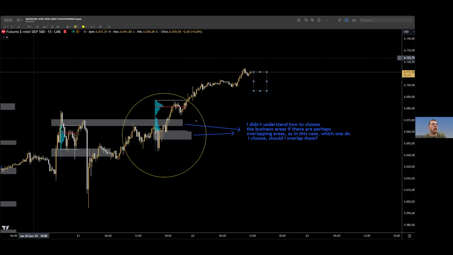And in this case, for the day today, the relevant business zones are the ones from the previous profile. Although they overlap, the significance of the business zone that is created on the 20th reduces or has no relevance anymore on the trading day of the 22nd today. Hope that was understandable.